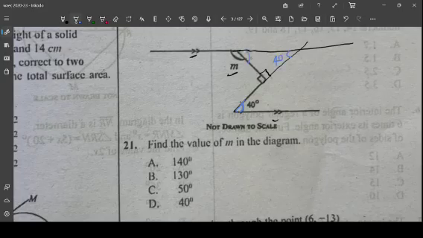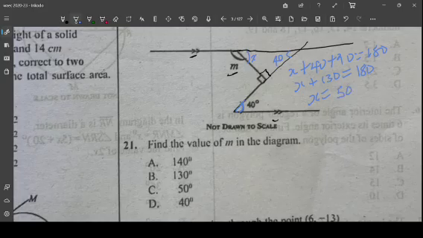So I know by the sum of angles of a triangle that this angle x plus 90 degrees plus 40 degrees is equal to 180 degrees. So x plus 130 equals 180 degrees, which means x is 50 degrees.